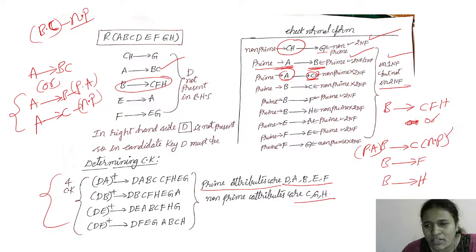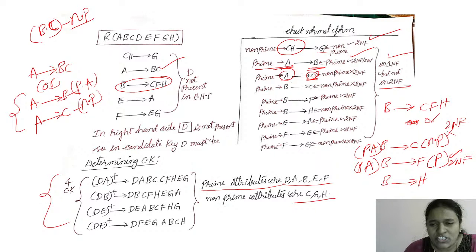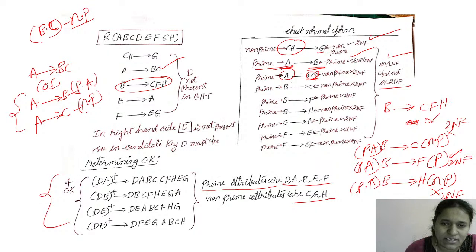It is also not in 2NF. B, a prime attribute, to F: prime to prime means it is in 2NF. BH: B is a prime attribute and H is non-prime. This is also not in 2NF. Like that, it is good to write like this.